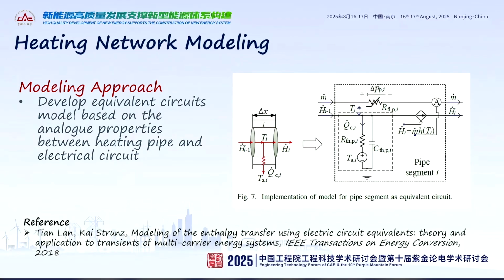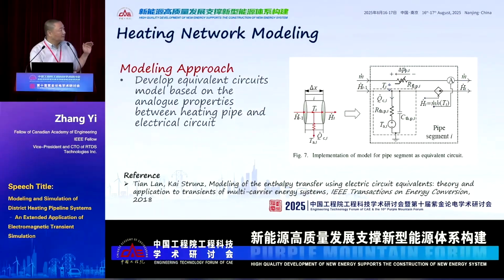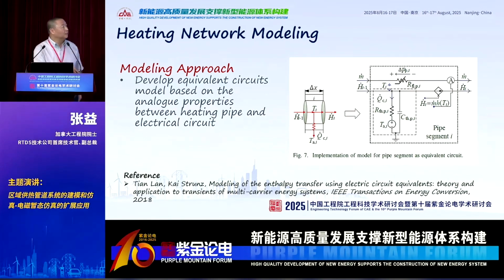This is a piece of pipe. Then we have the enthalpy to be transferred from this starting point called inlet to the outlet. Then we can treat the pipe in many parts, for example, dx is a distance between the beginning of the pipe, the inlet, and the outlet, and this is a resistance, the heat resistance, which we try to model; there's some loss to transfer to the ambient of this pipe.